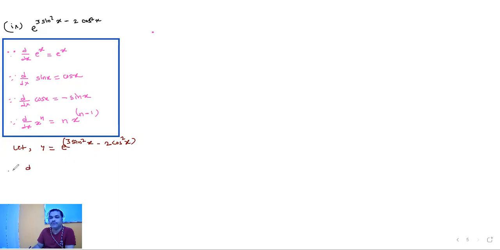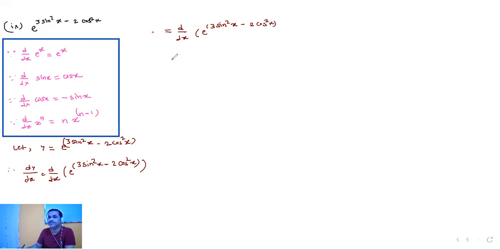So we need to write dy by dx is equal to d by dx of e raised to 3 sine square x minus 2 cos square x. Put it into a bracket now. So let's write down the answer for this.